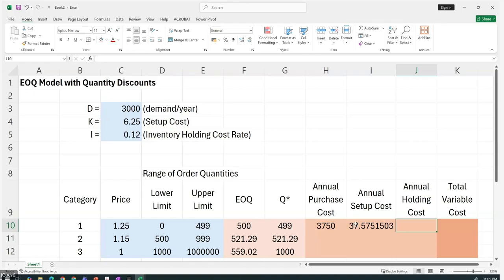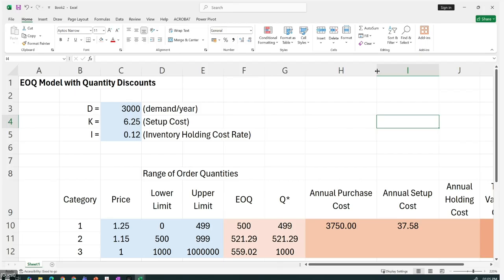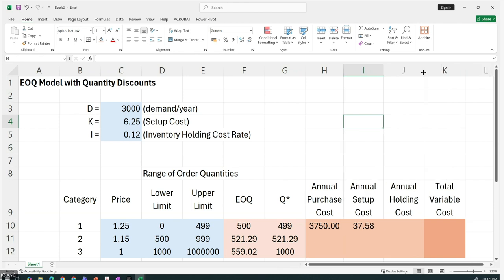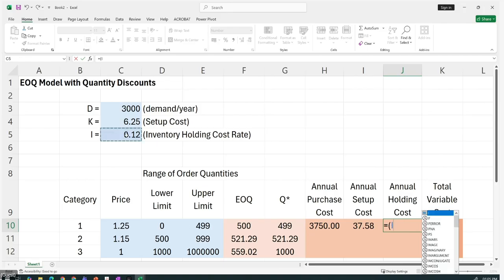What will be the holding cost? In this case, in EOQ, instead of H, what are we using? We are using I into that number, right? So it will be equal to I, that is the percentage into the price, correct?